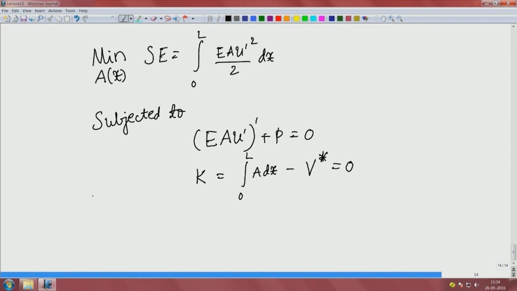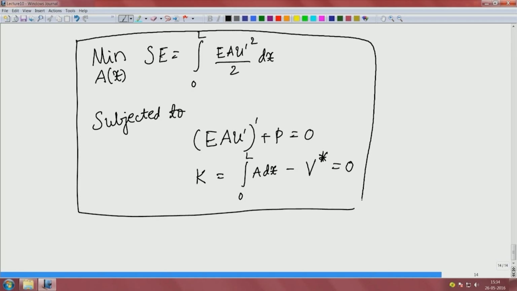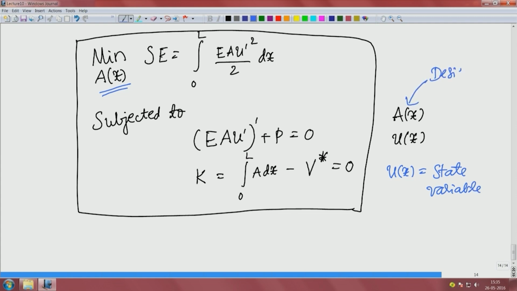So, now this problem is dependent on two functions. One is A of x and the other is u of x, which is not something that we are making an optimization variable. U here is called a state variable, that is, the state is the displacement, whereas A of x is the design variable in structural optimization.